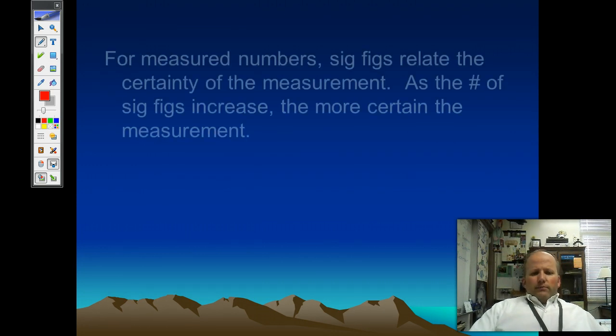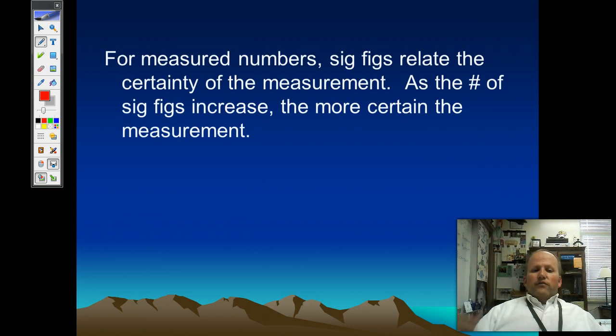Significant figures are important because for measured numbers, sig figs relate the certainty of the measurement. A few days ago, I taught everyone how to properly use a ruler, and I showed that the ruler tells you how many digits to write down.